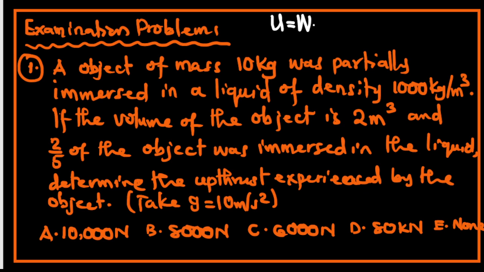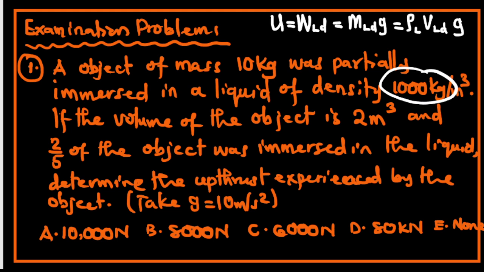weight of liquid displaced. So this is going to be mass of liquid displaced times G, and this is also equal to density of the liquid times volume of the liquid displaced times G. Density of the liquid, you have it. This is 1000.